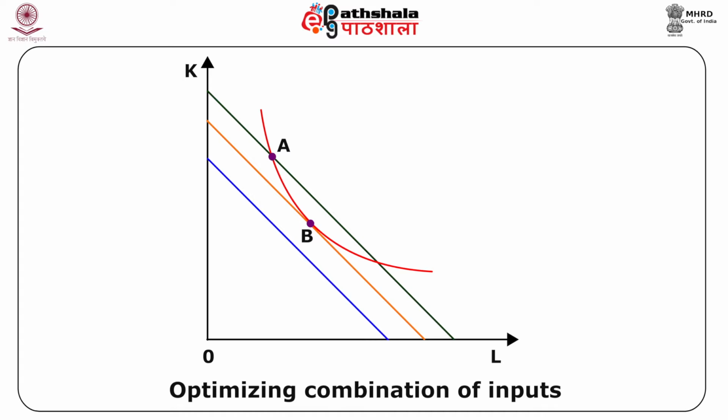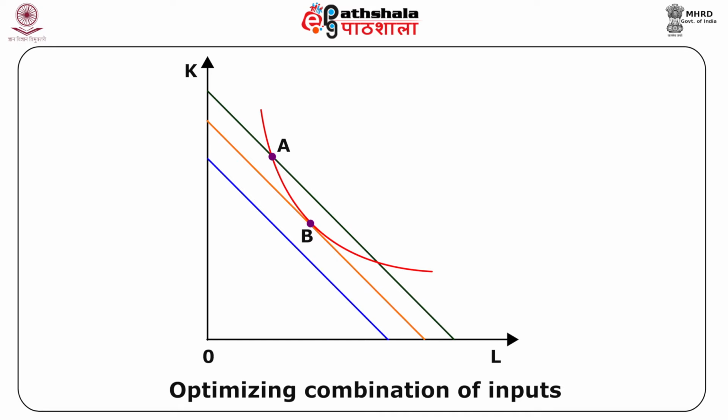However, if the firm tries to lower the cost further to C1, then this output level Q equal to 100 cannot be achieved, since the iso-quant lies well above this iso-cost line, indicating that the cost of producing at B is higher than C1.